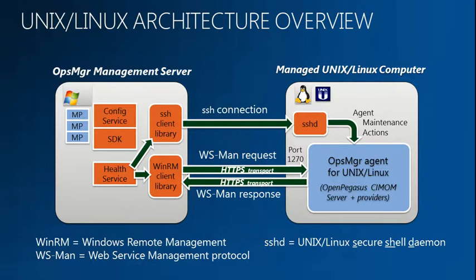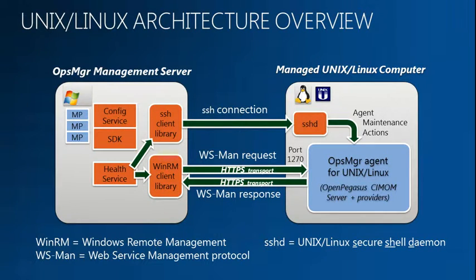The agent itself for Unix and Linux is two parts. There's what's called the CIM Object Manager, the CIMOM server, and for that we use an open source product called OpenPegasus, where we actually contribute some fixes back to the OpenPegasus project. And then we also have a set of providers, and the providers are what do the units of work. They talk to the kernel through kernel APIs, like kstat and pstat.